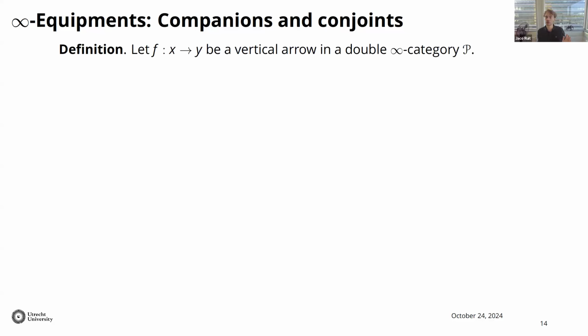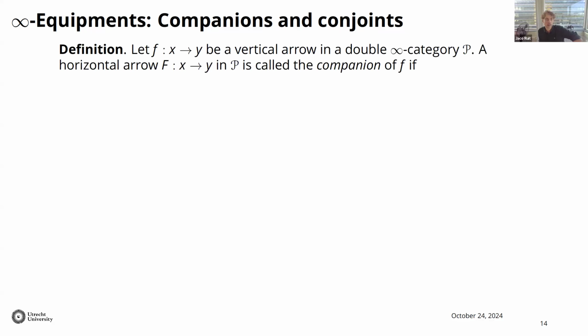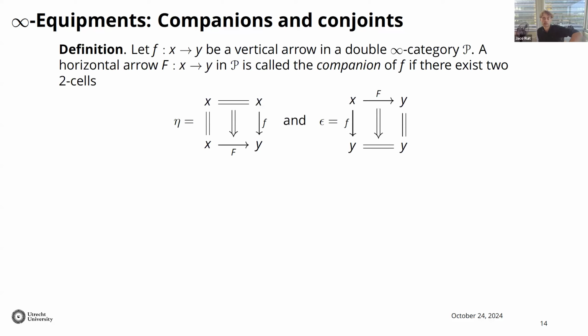You start with some vertical arrow f in your double infinity category P. And then a horizontal arrow f from X to Y in P is called the companion of f if there exist two cells, namely the companionship unit eta and a companionship counit, epsilon, which are of this form, as described on the slides.